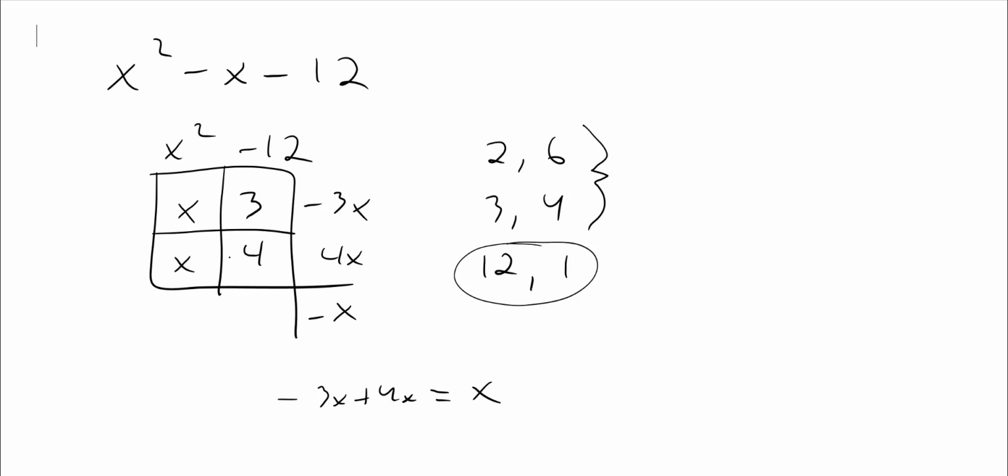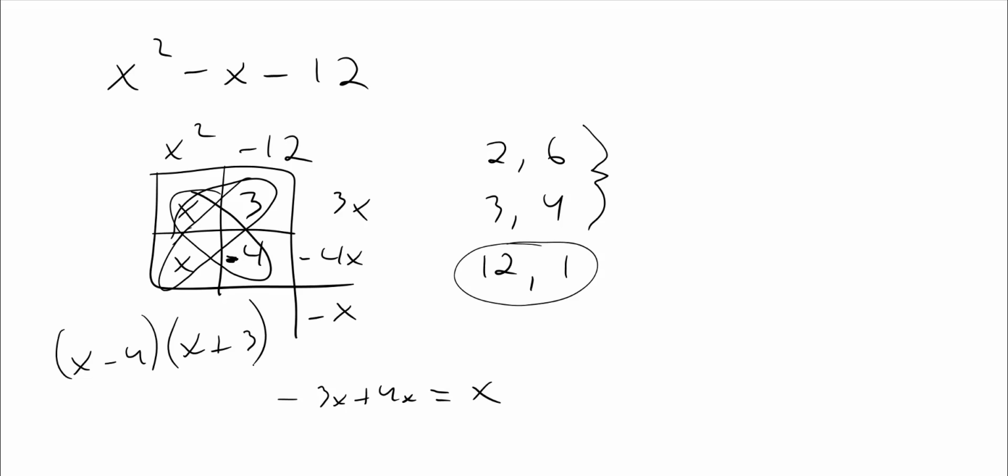That's all I do. Just switch the sign. So that means this is going to be a negative here, and 3x minus 4x is negative x, and you're good to go. So the answer is x minus 4, x plus 3. So you got to be a little smart with this. Okay, and you got to think of combinations, and if it's negative, one's got to be positive, one's got to be negative, and then they have to subtract to give you that negative x.